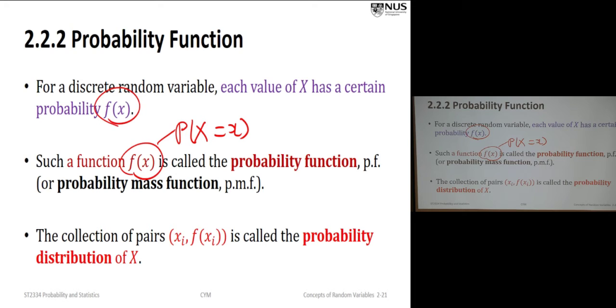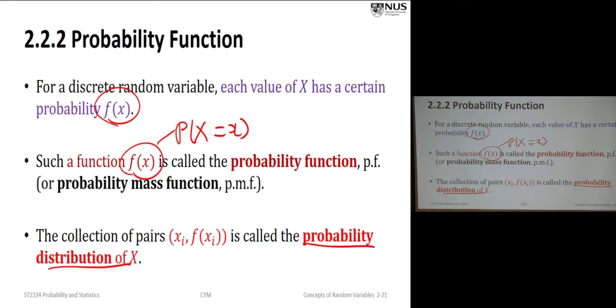Now I put these two together. One is the value of the random variable. The other is the probability that it takes this value. Collect all these pairs, and that is called a probability distribution of the random variable x. Let me put it this way. If you know the probability distribution of x, then you know everything about x.